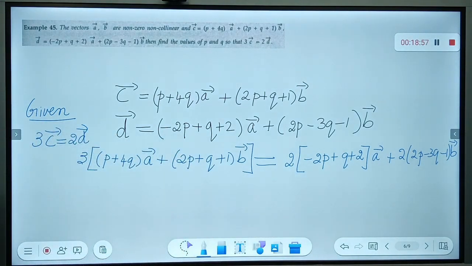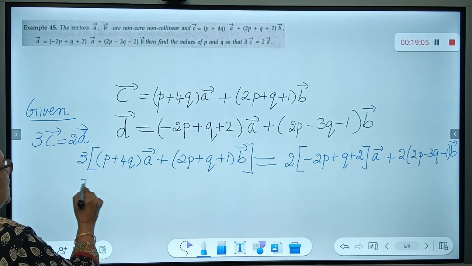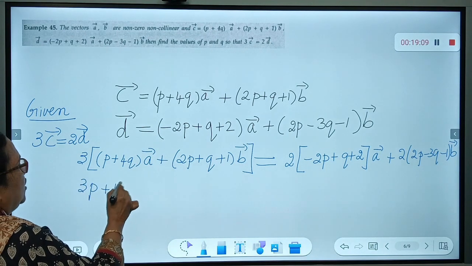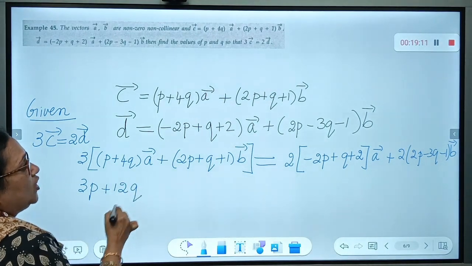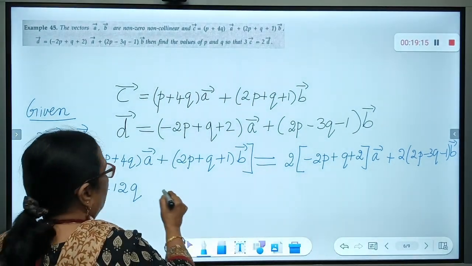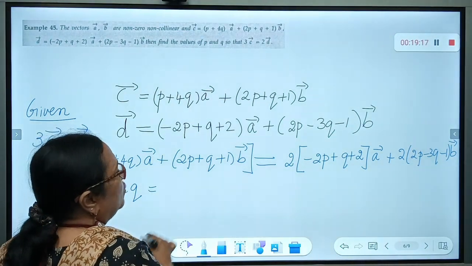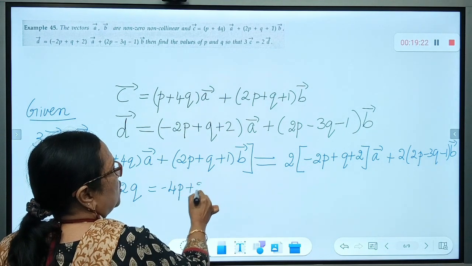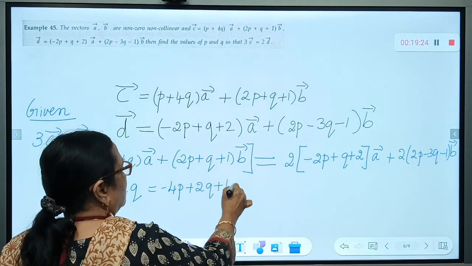Now again, on both sides you have A vectors and B vectors. So if two vectors are equal, you can equate the components. So you will get 3p plus 12q, equating the component of A vector. What will you get? This is equal to minus 4p plus 2q plus 4.